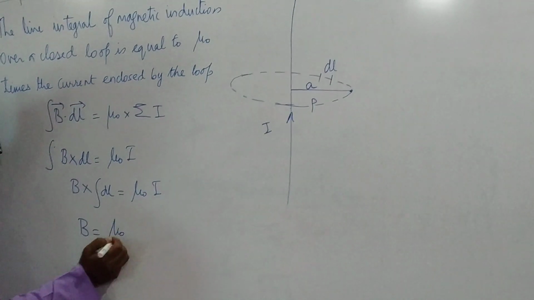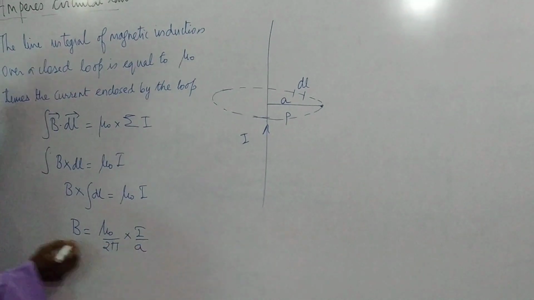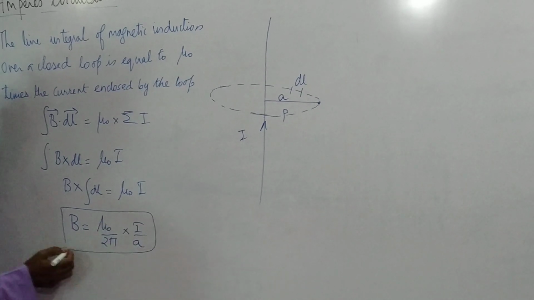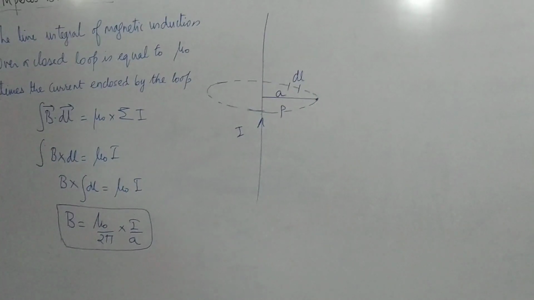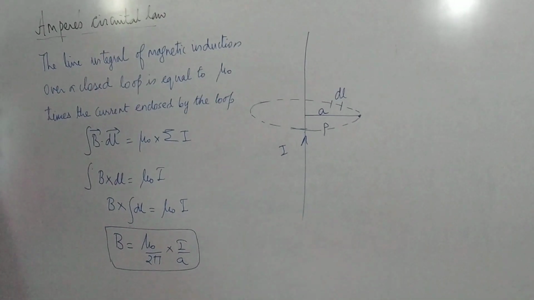So it will be mu naught upon 2 pi into I upon a. This is the same as what we obtained for an infinitely long straight conductor. So this is what you can call Ampere's law.